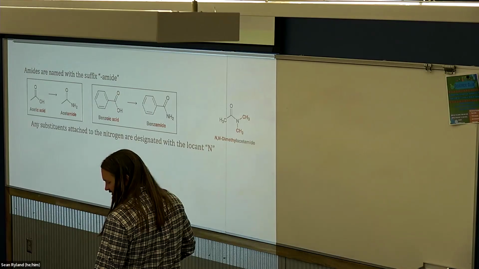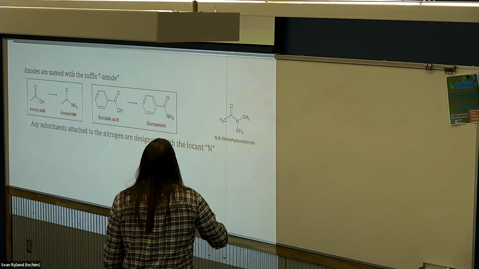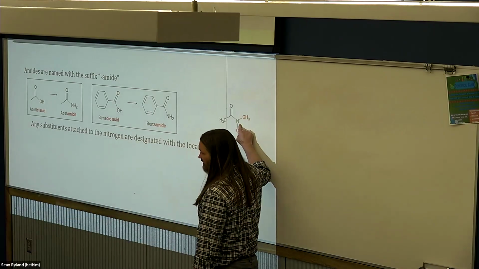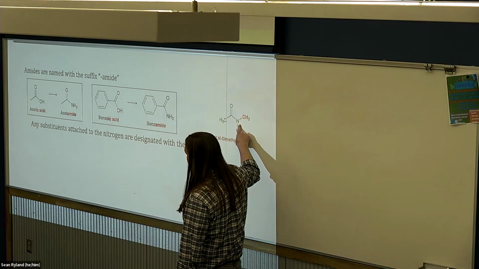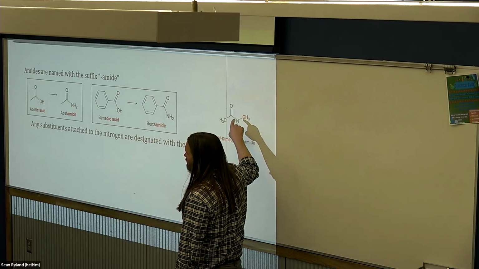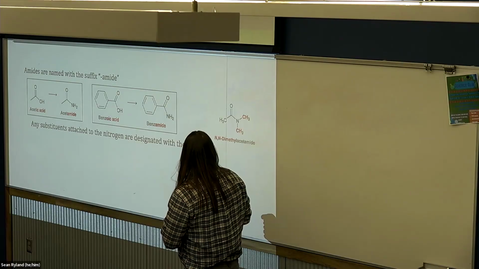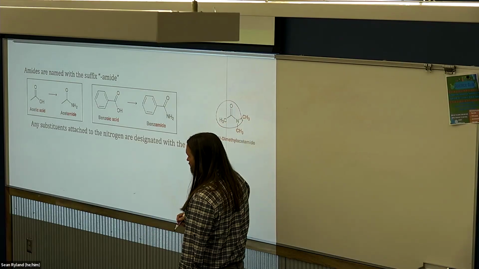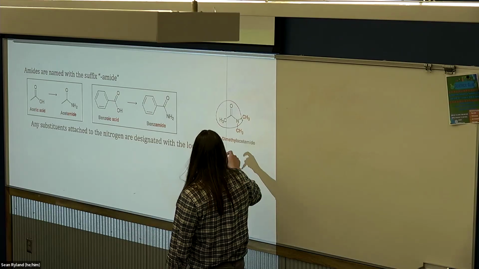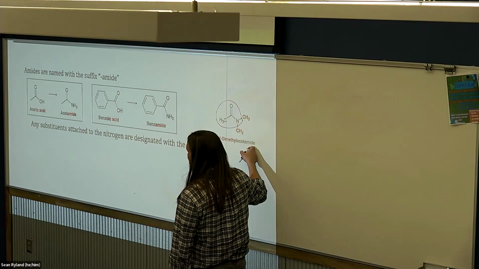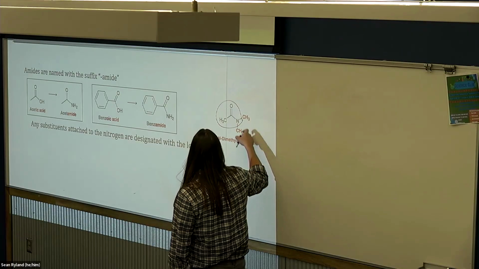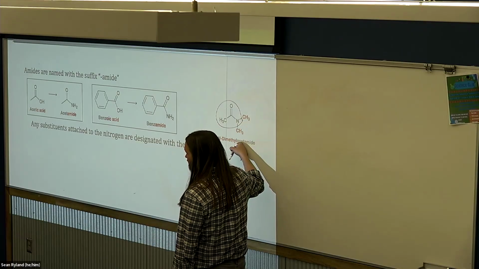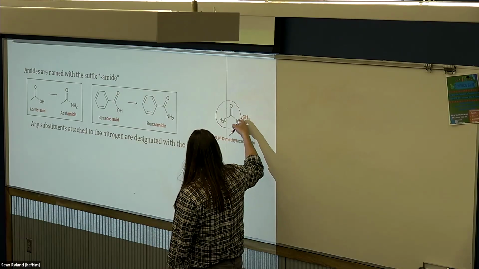If we ever have something attached to the nitrogen in an amide, and we need to name it, this would be our primary functional group here, or our primary parent molecule. So we name it acetamide, and it has 2 methyls attached. And we need to specify where they're attached.